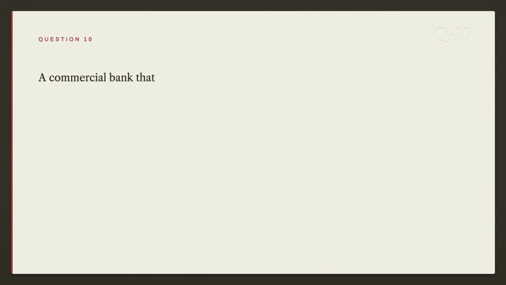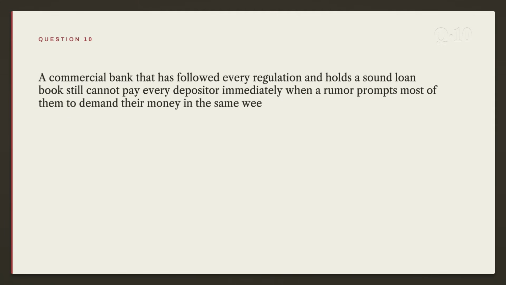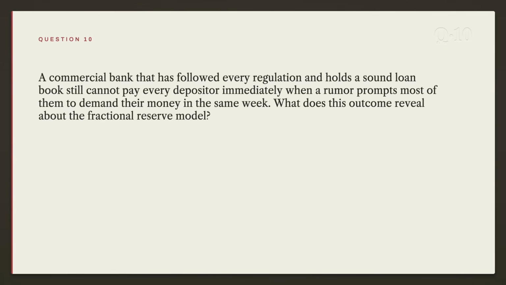Question 10. A commercial bank that has followed every regulation and holds a sound loan book still cannot pay every depositor immediately when a rumor prompts most of them to demand their money in the same week. What does this outcome reveal about the fractional reserve model? Your options are: A. The bank has been committing fraud by lending out depositor funds.